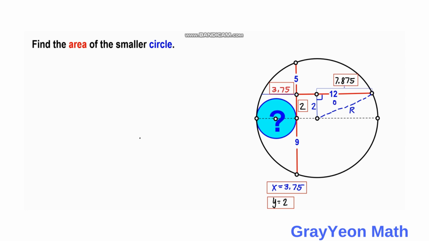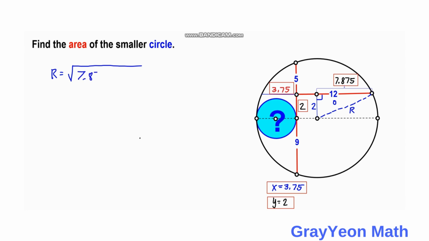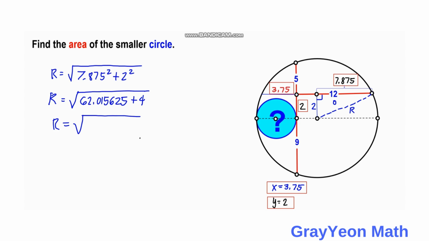So R is equal to the square root of 7.875 squared plus 2 squared. So R is equal to the square root of 62.015625 plus 4, which gives us 66.015625.